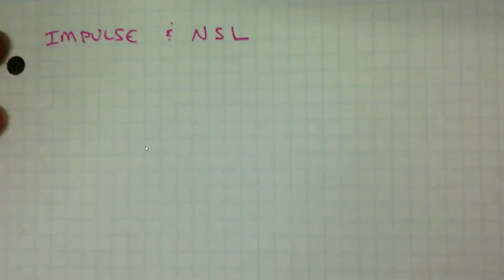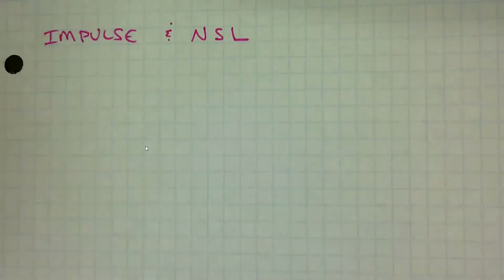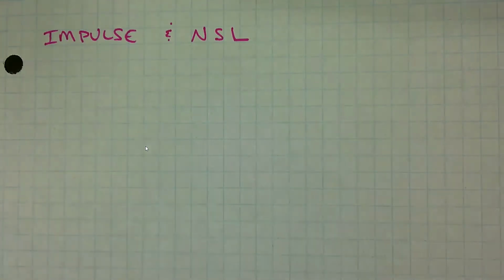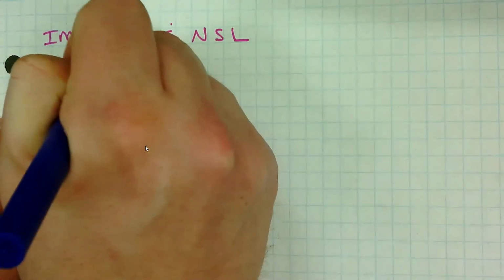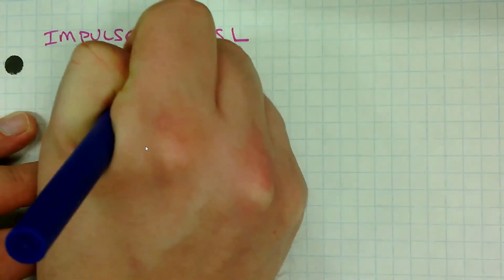So what I want to do is connect what we're going to talk about today to Newton's second law. We're going to talk about this idea called impulse, and we're going to connect it to Newton's second law. Just as a reminder, what we did last time was we defined a concept called momentum, with the symbol P. We defined P as mass times velocity.